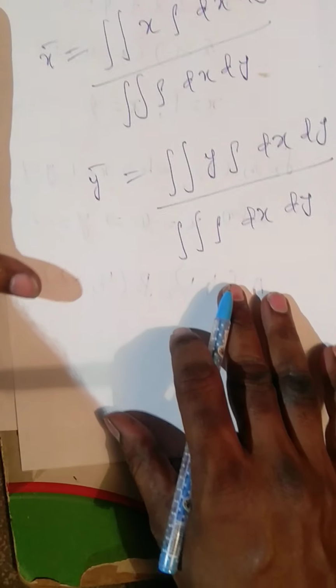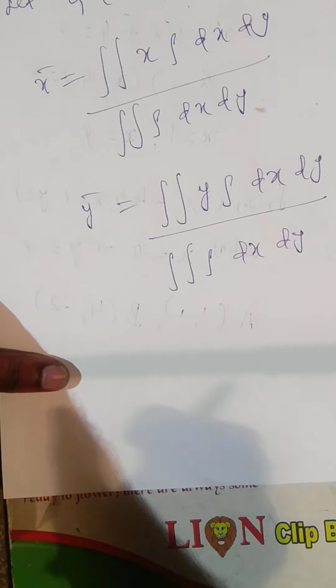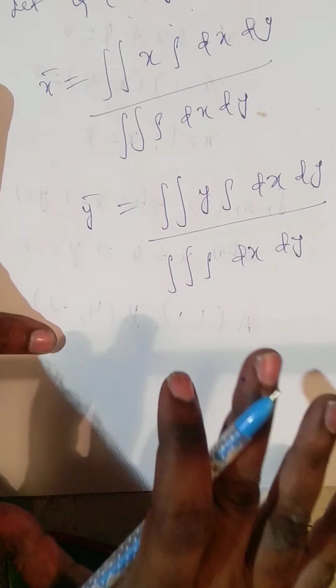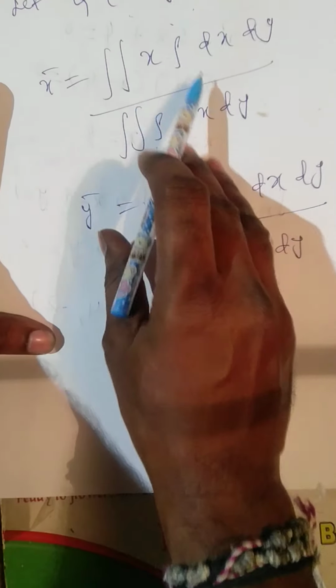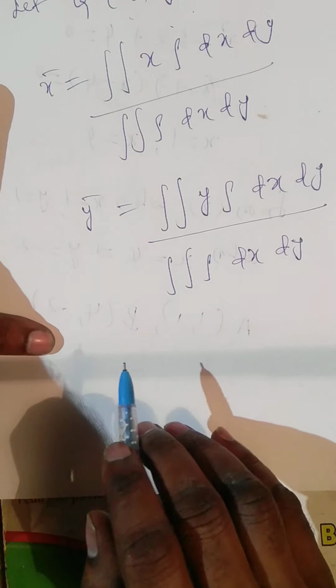Suppose you want to find the center of gravity of some area, we assume that the density is uniform at any point of the lamina. Is it clear?